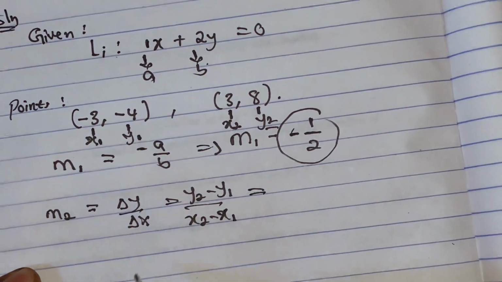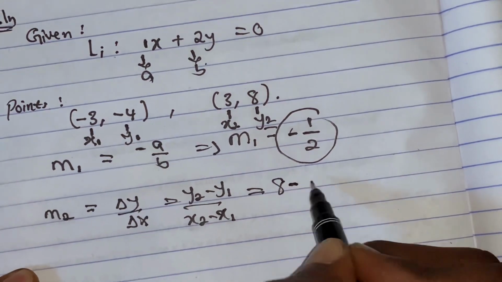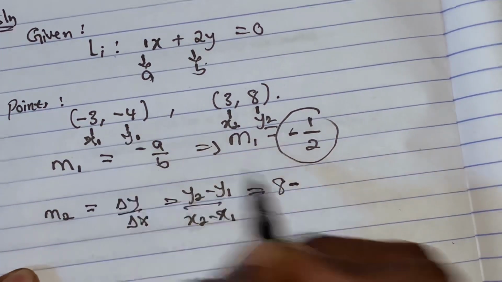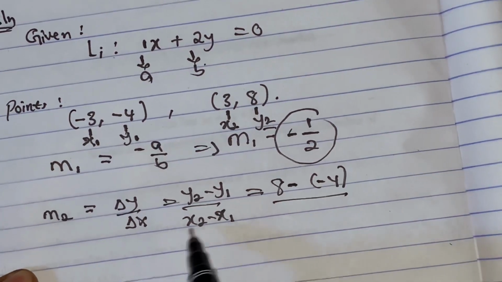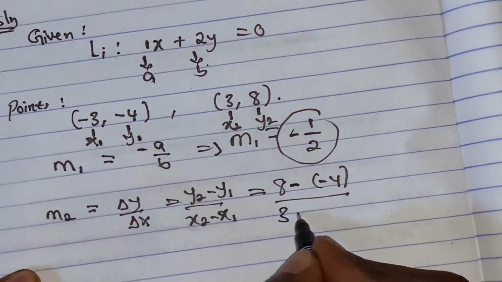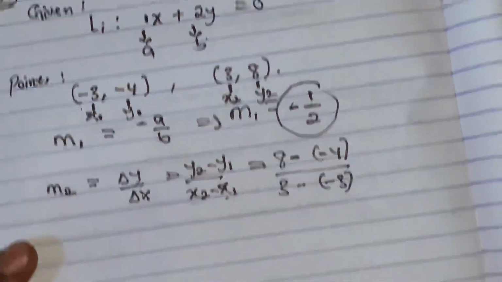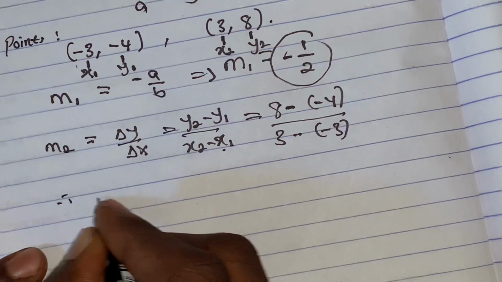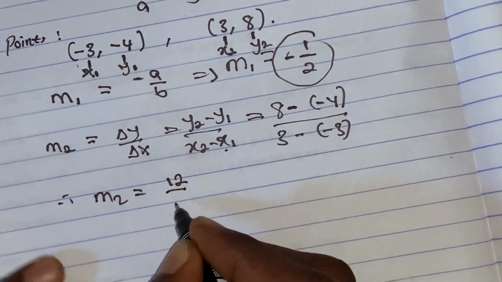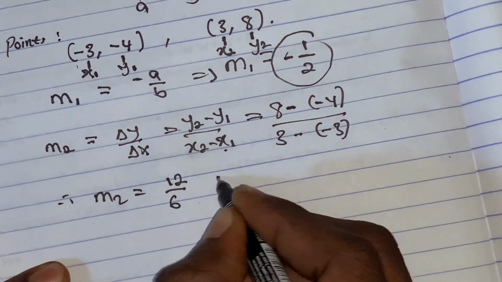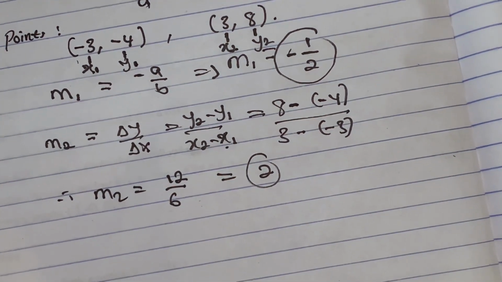This gives us y2 is 8, minus y1 which is negative 4, divided by x2 is 3 minus x1 which is negative 3. Therefore, m2 equals 12 divided by 6, which equals 2. This is the gradient m2.